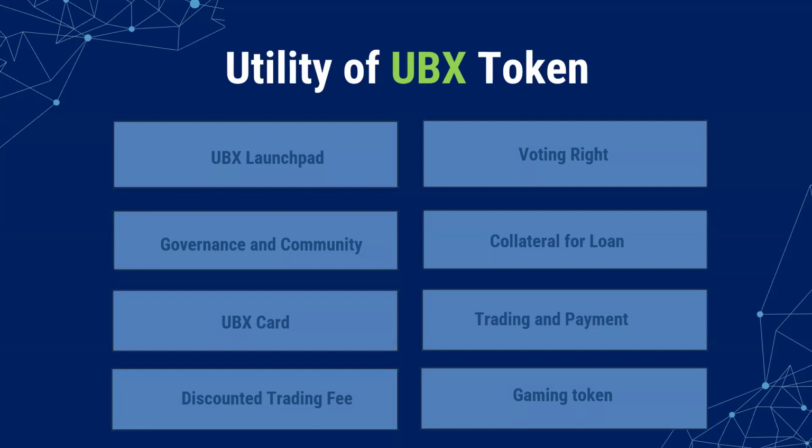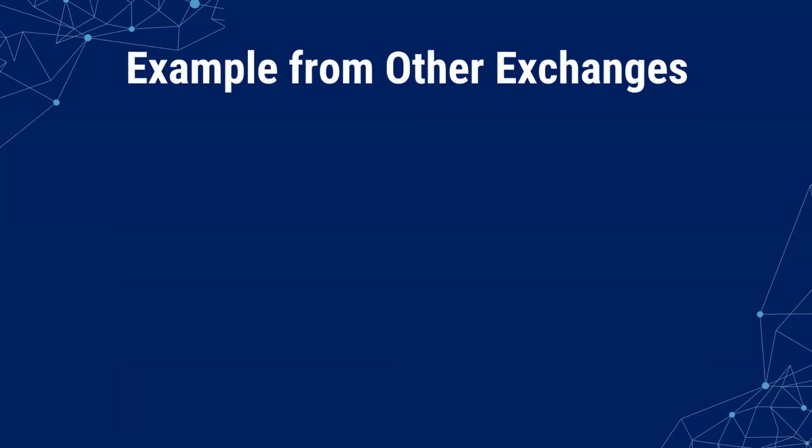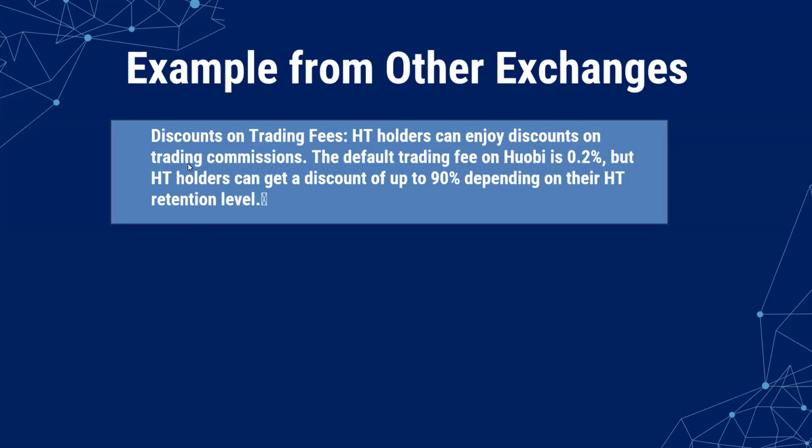All right, so let's come back to our topic for today. Move on to the next slide. Some of the examples that we can get from the exchanges, as I mentioned earlier, for example Huobi, with their HT token, give a discount on trading fees.